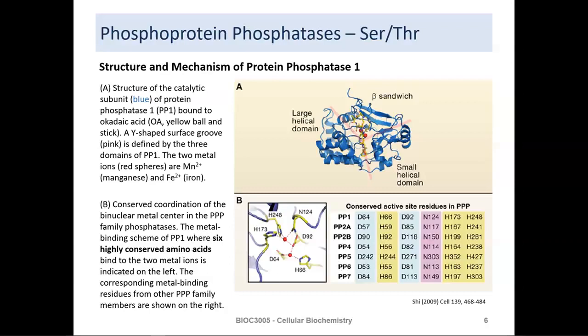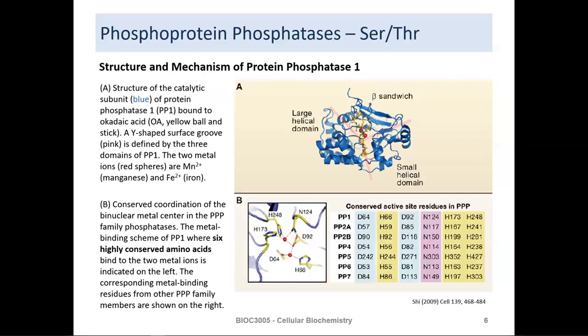PP1 is bound to okadaic acid, or OA, shown as the yellow ball and stick molecule, and we can see a distinctive Y-shaped surface groove, shown in pink. And this is defined by the three domains of PP1. We can also see two metal ions, which are shown as red spheres, bound to the catalytic subunit of PP1. These are manganese and iron.